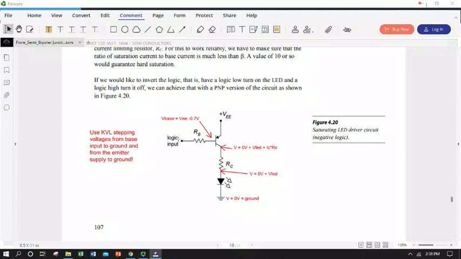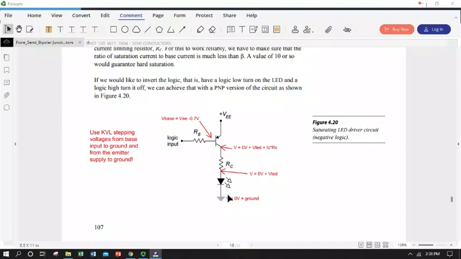In this case, the logic input is going to have to be low. It's going to have to be less than the emitter minus 0.7 to have current flow out the base, which will open the transistor, and then we can flow the collector current.